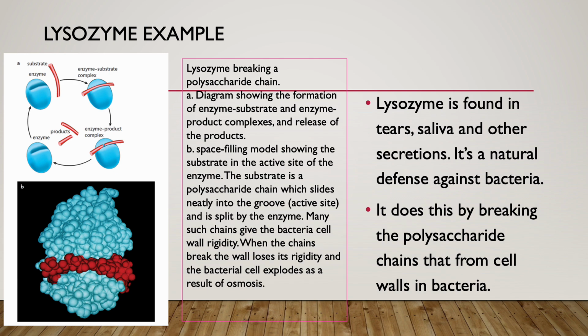The substrate is a polysaccharide chain which slides neatly into the groove of that active site and is split by the enzyme. Many such chains give the bacterial cell wall its rigidity. When the chains break, the wall loses its rigidity and the bacterial cell explodes as a result of osmosis.